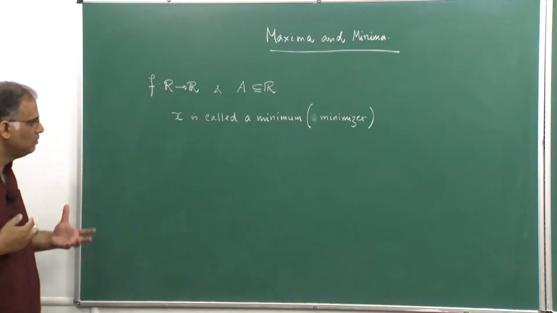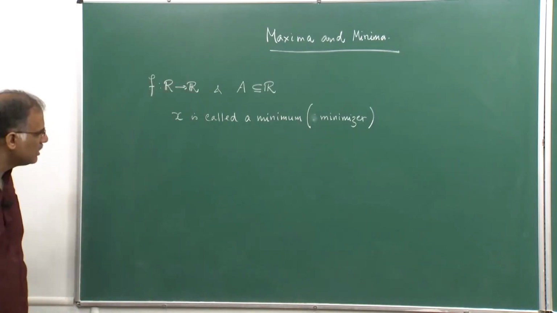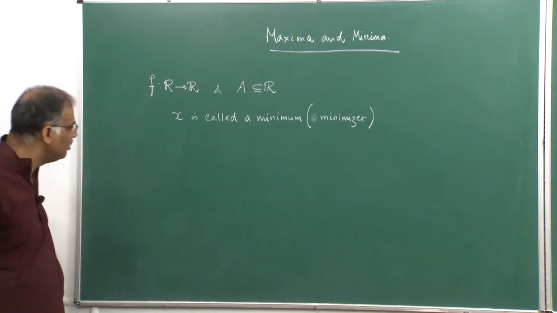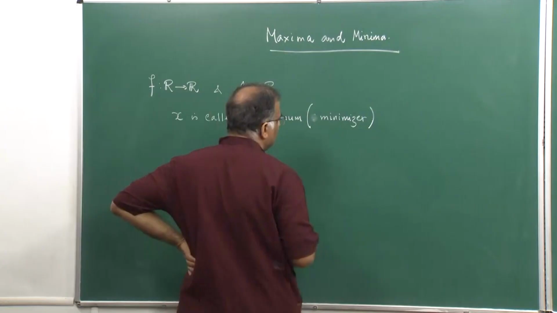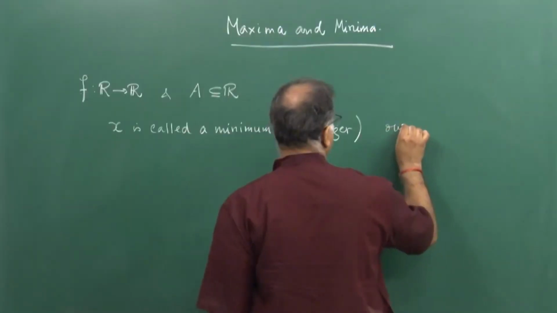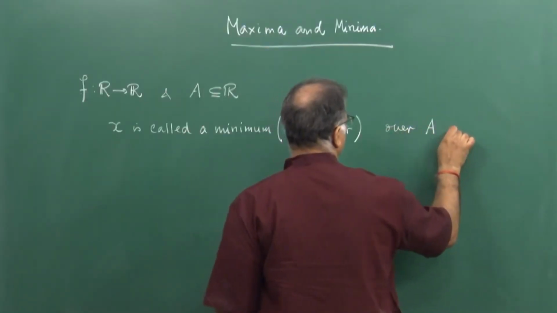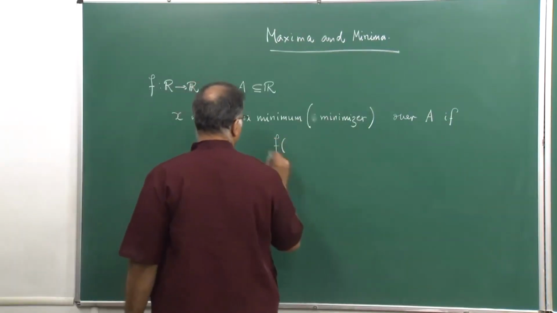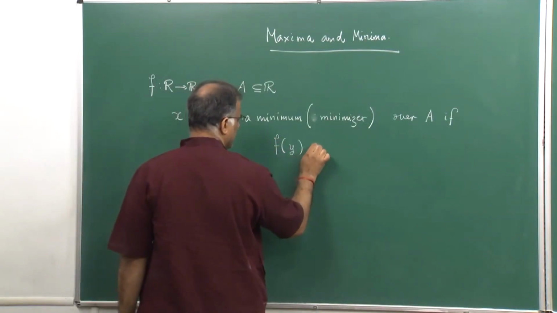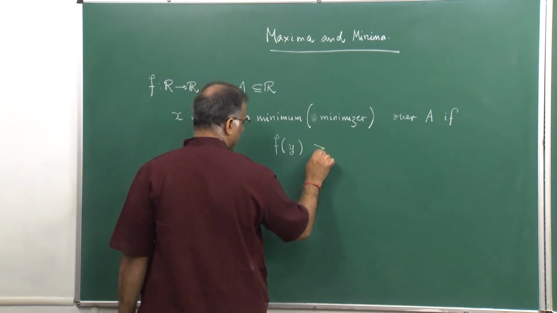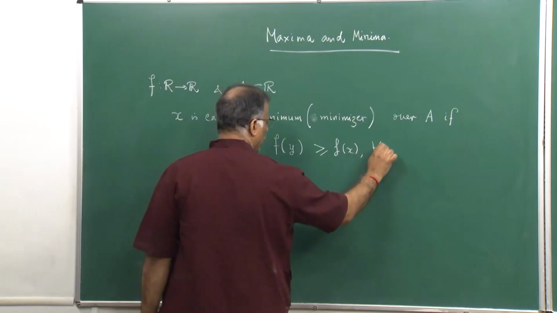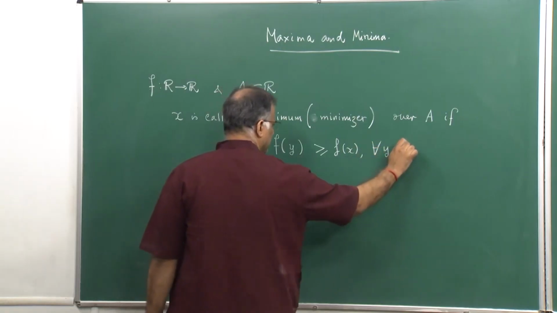There are several ways mathematicians like to call this point, but let us call it a minimum because in calculus they will call it a minimum. x is called a minimum over A if f of y is greater than or equal to f of x for all y in A.